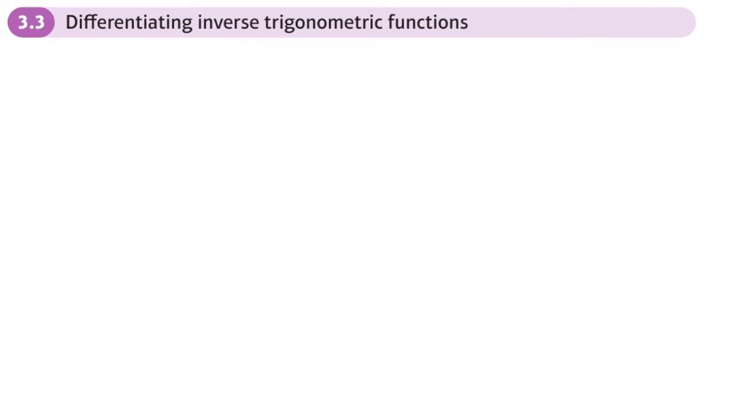This is the third section in the Methods in Calculus chapter, and here we're going to be looking at differentiating inverse trig functions. Some of these methods are very similar to differentiating hyperbolic functions, which is chapter 6, I think section 6.4.